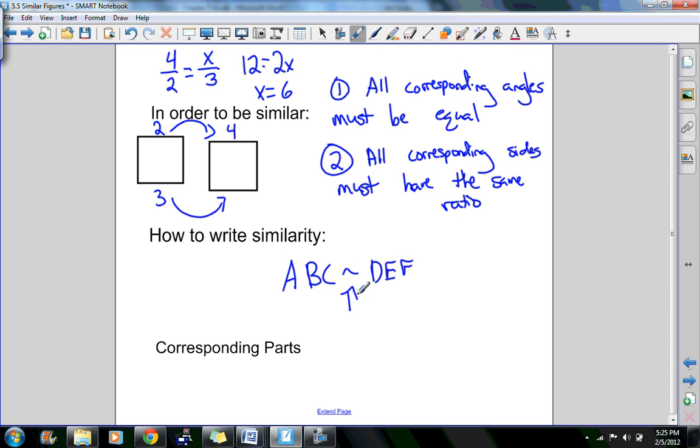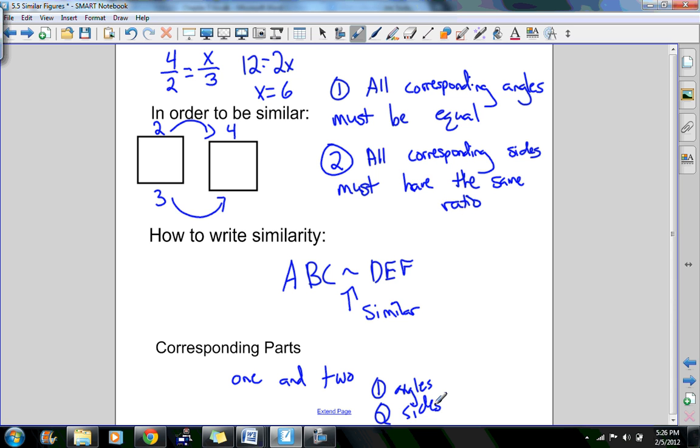That right there means similar, which by our terminology says that they are the same shape, but not the same size. Okay? And corresponding parts, that is 1 and 2. So if they ever ask you about corresponding parts, that just means they want the first two parts of the definition. Okay? So they want angles have to be equal, and sides have to have the same ratio.